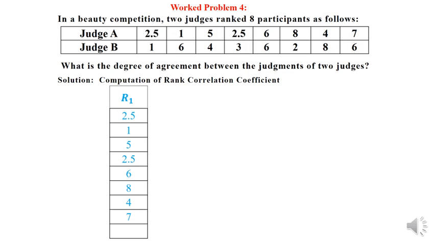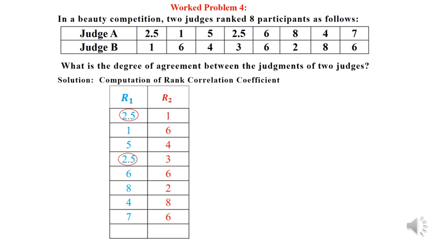So one rank is repeating here 2 times. So shape it, using some shape. Shaping is to identify how many ranks have been repeated. That's all. Next, write R2: 1, 6, 4, 3, 6, 2, 8, 6.